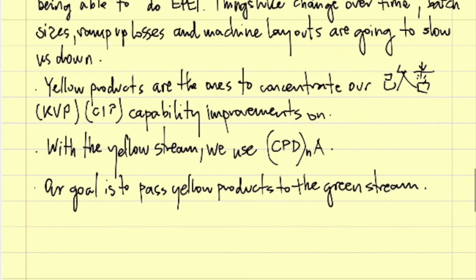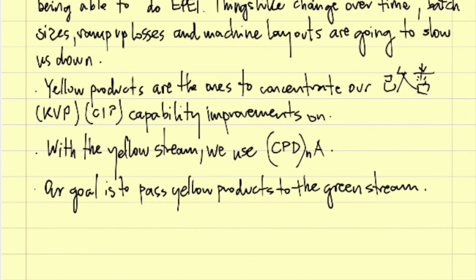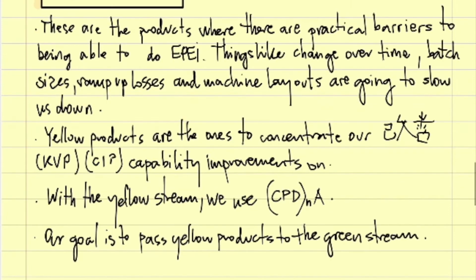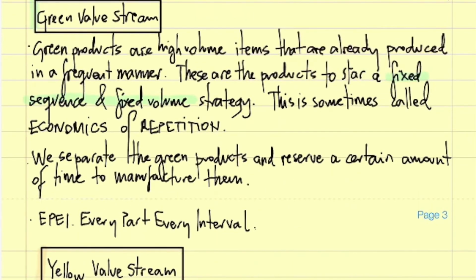Questions? Yeah. What is the goal for the green product? Yeah, the goal is to have no disruption.